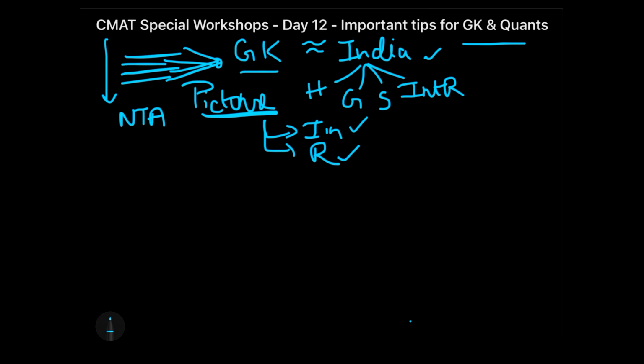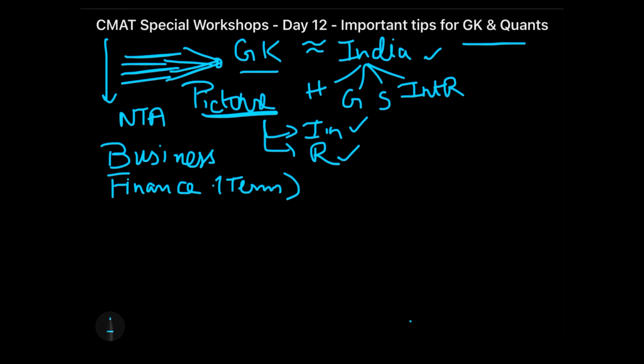And one more very essential thing which is special to GK of CMAT is the business and the finance related questions. इस साल they have made the entrepreneurship and innovation a compulsory section, but उससे पहले जब ये compulsory नहीं था, then business and finance related questions काफी आते थे. Especially finance related terms were very essentially asked.